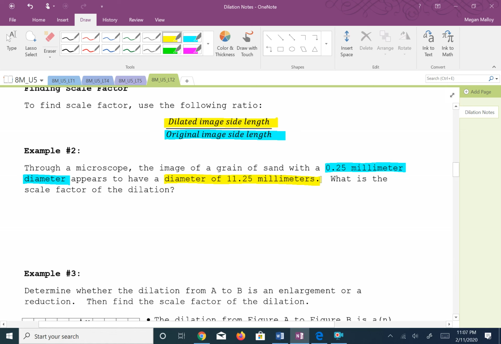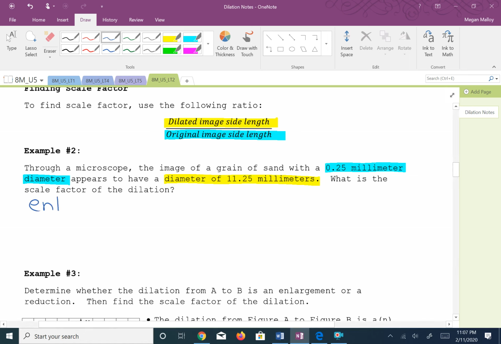So if I'm looking for my scale factor, first and foremost, I can even ask myself, is this going to be an enlargement or a reduction? So going from a grain of sand, putting it under a microscope, what does a microscope do? It enlarges it.